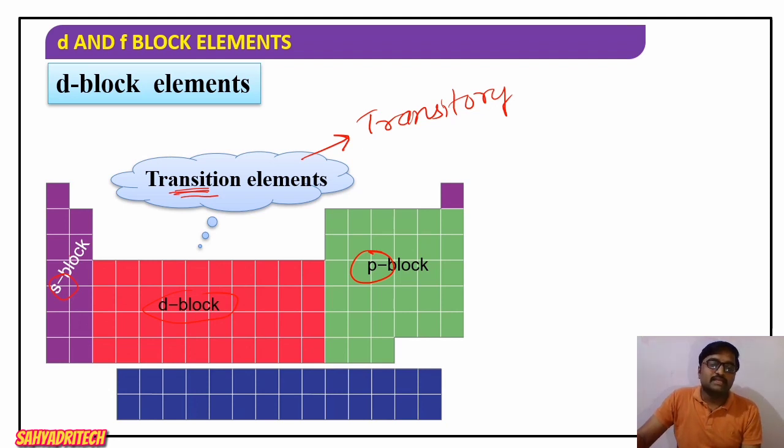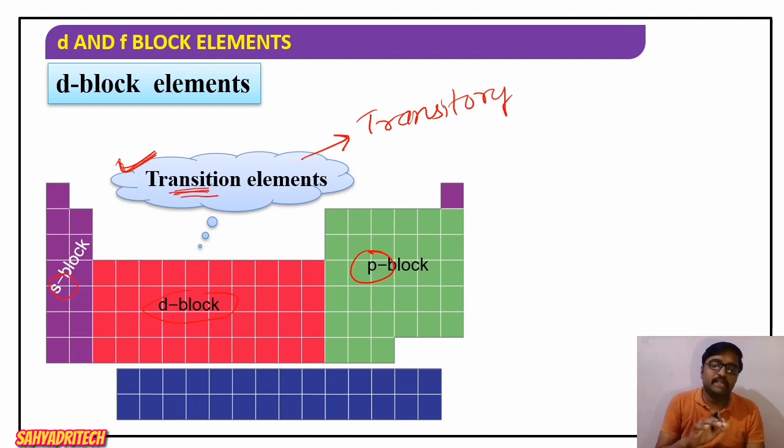Hence they are named transition elements. I repeat, D block elements are called transition elements because their properties are transitory in comparison with the S block and P block elements.